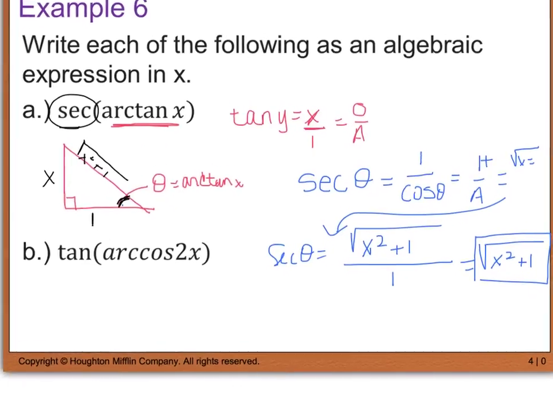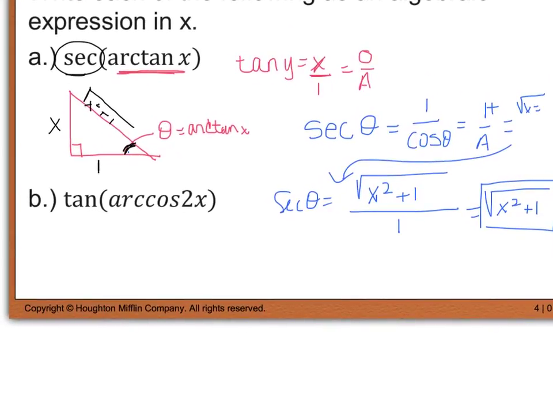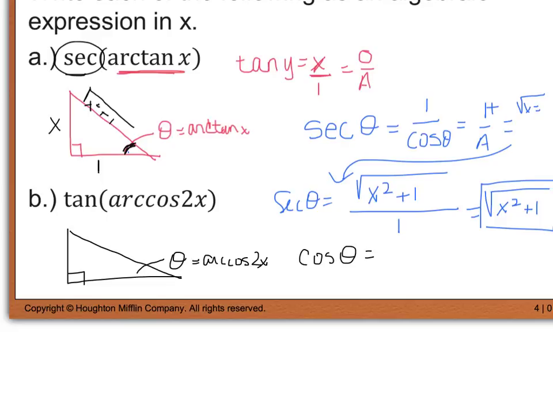And for part B, it will be a similar process. I'm going to start out with a right triangle. I'm going to identify this angle here as theta, which is really equal to the inverse cosine of 2x. So based on that, I know that the cosine of theta is equal to 2x.